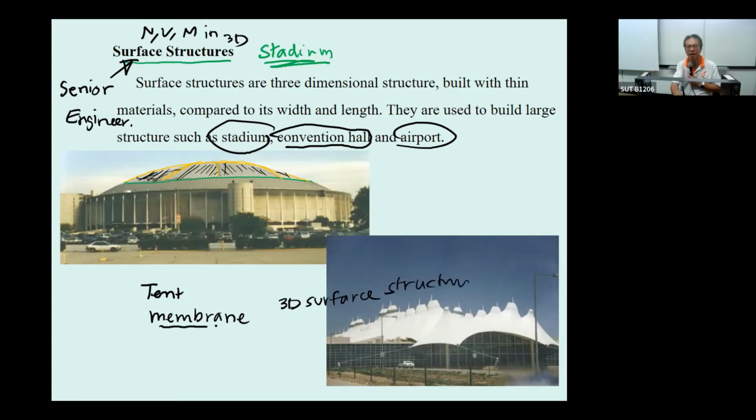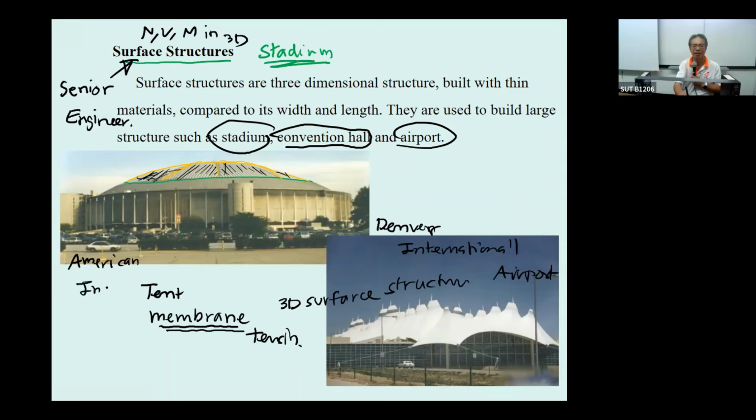The membrane only takes tension. Okay, this is from the Denver International Airport. They built this one to look similar to an American Indian tent. It's like a symbol of Colorado.